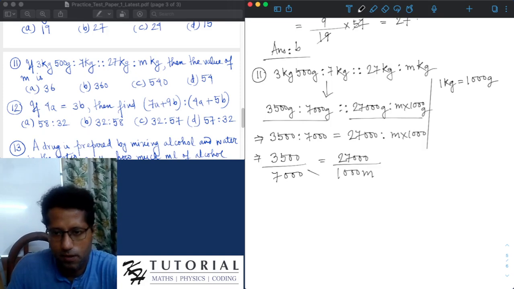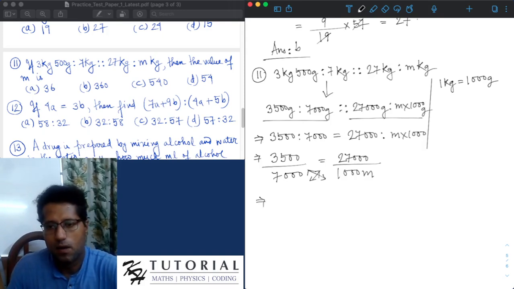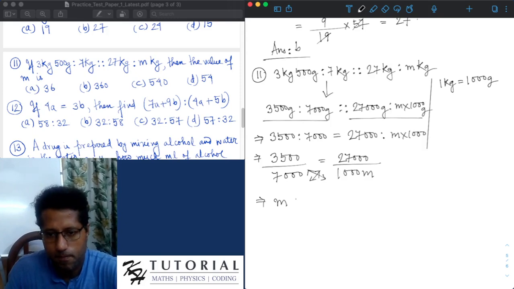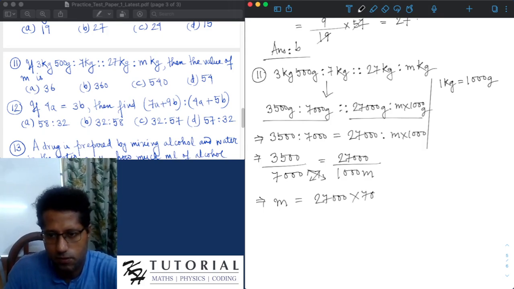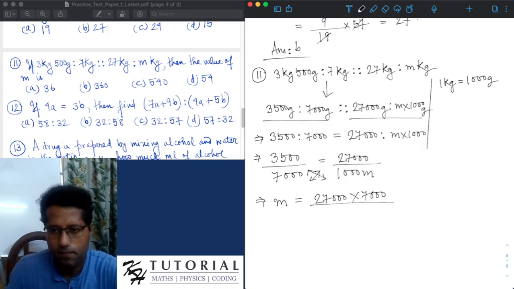Now doing cross product, we can find m as m equals 27000 multiplied by 7000 divided by 3500 multiplied by 1000.